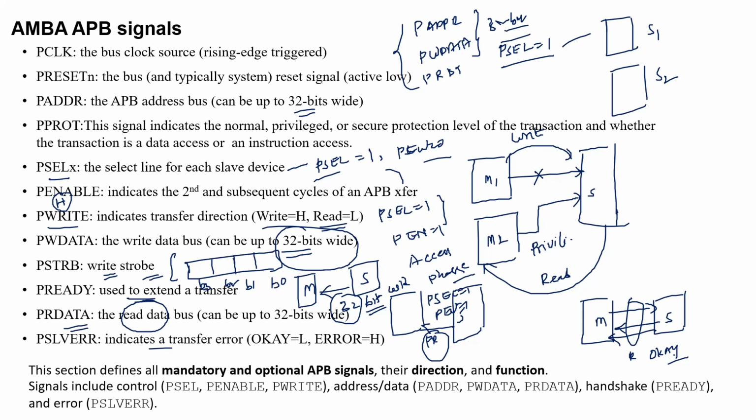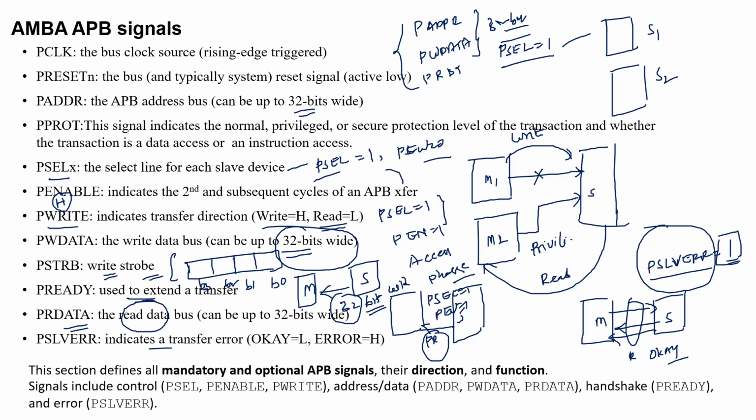If there is any error, like PSLVERR, this signal is set in between the write or read transaction. In a read transaction, if PSLVERR is asserted, meaning it is set to high, you are receiving incorrect data.